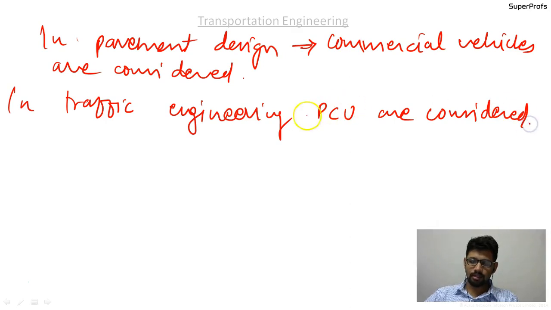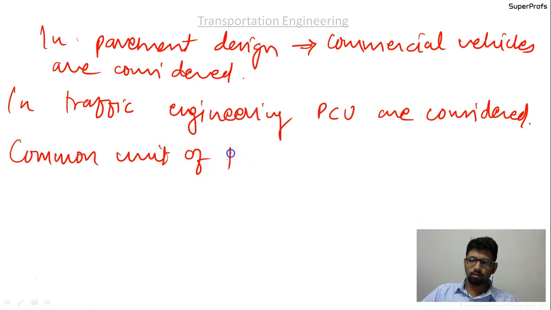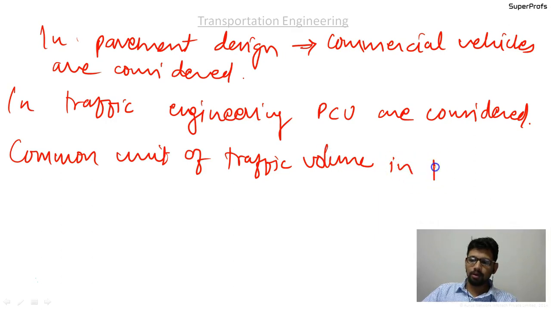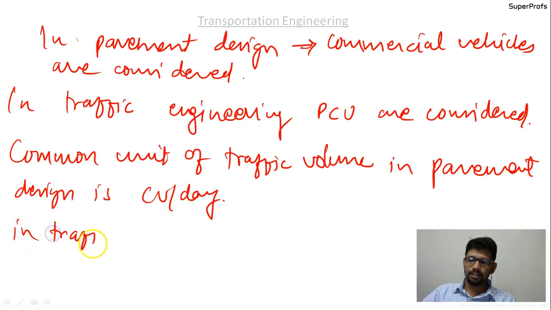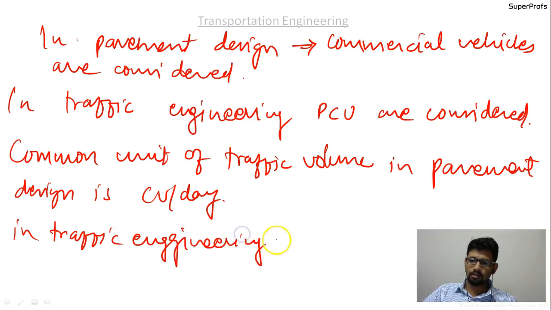The common unit of traffic volume in pavement design is commercial vehicles per day, and in traffic engineering it is PCU per day.